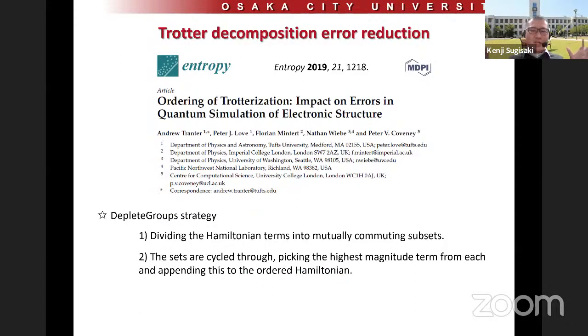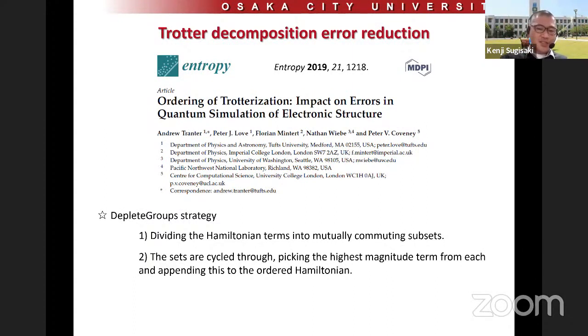So if the Hamiltonian can be divided into subsets A, B, C, let's think about the original Hamiltonian divided into subsets A, B, C. And the Hamiltonian terms in group A all mutually commute, and also for B and for C. So in this case, first we select the highest magnitude term in group A and append the operator.